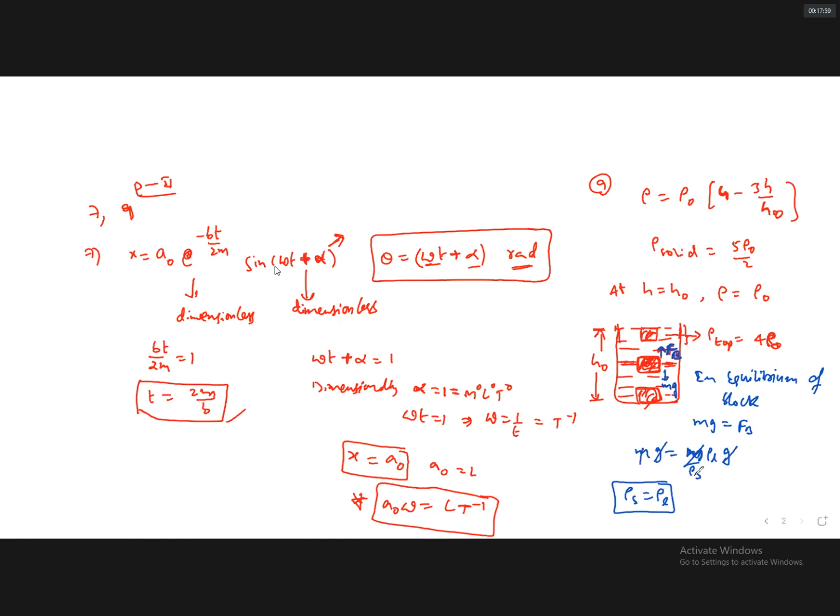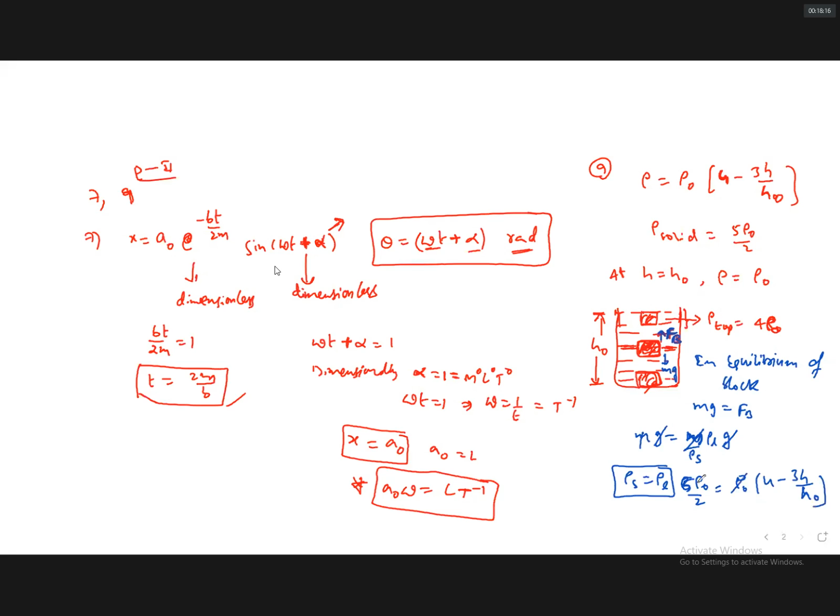So the density of the solid at depth h remains the same, 5 rho naught by 2. Liquid density is rho naught into 4 minus 3h by h naught. Rho naught gets cancelled.